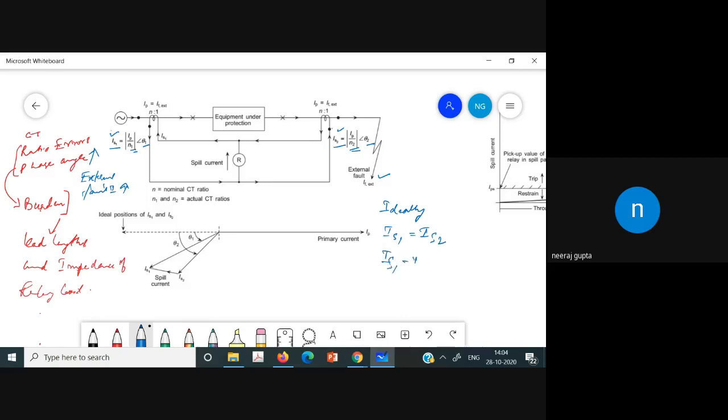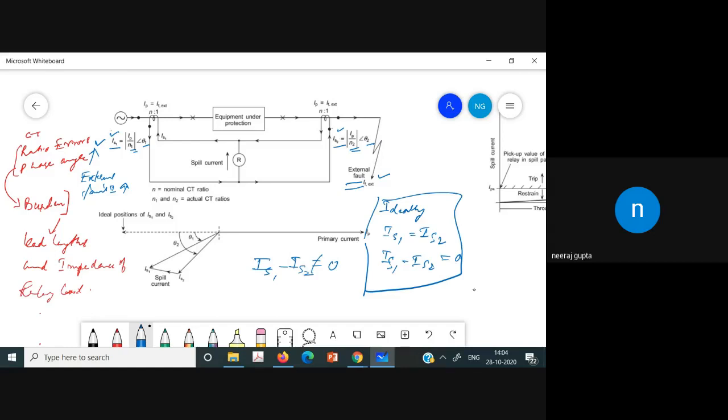Initially, IS1 minus IS2 under the ideal condition was 0. However, practically, because of the ratio and phase angle errors, IS1 minus IS2 is not equal to 0. These errors will increase and the situation will aggravate as the primary current increases, so the spill current builds up as the external fault current goes on increasing.